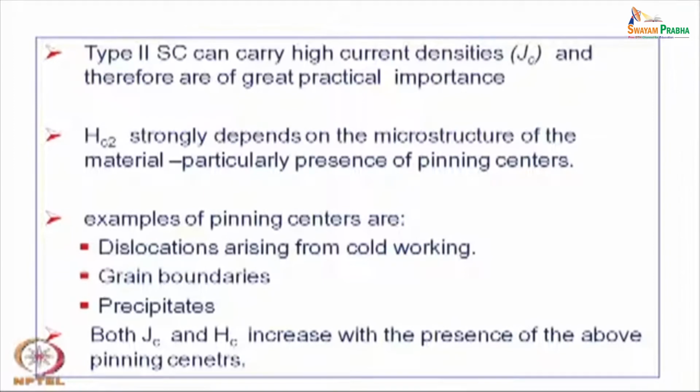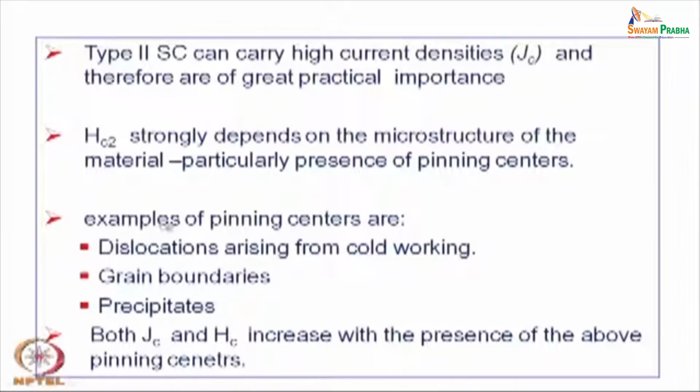Therefore, if you can modify the microstructure and design it in such a way that you do not allow the magnetic lines of force to cross through the material, then there is a possibility that both Hc2 and Jc can be increased. So, by control of the microstructure of the material, not the intrinsic property, but extrinsically the materials can be modified.